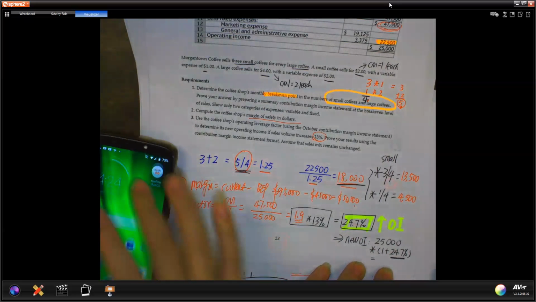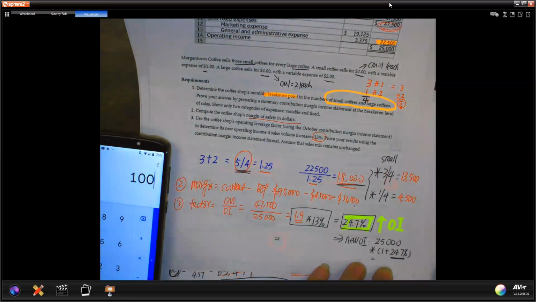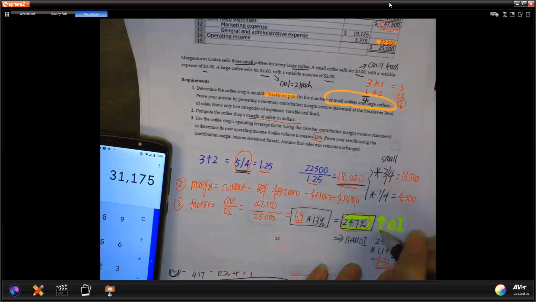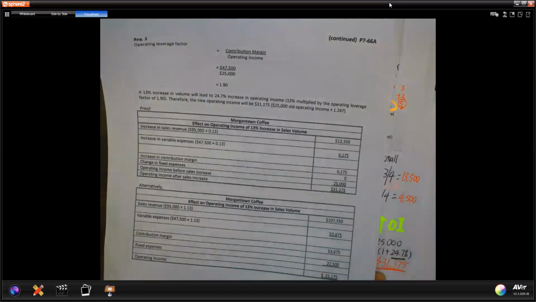So your new operating income will be 1.247 times 25,000, which is 31,175. So this is the change. You will increase by 24.7%, and your new one will be $31,175. And then it asks you to prove it.